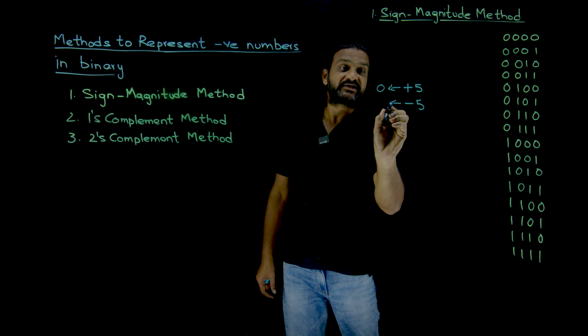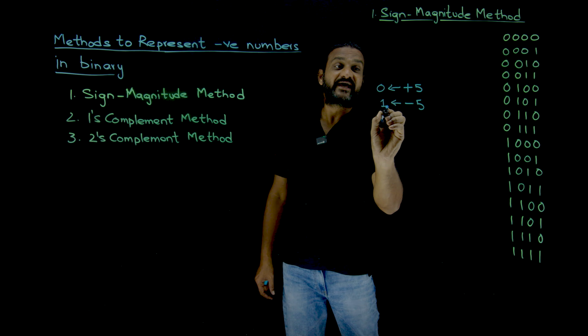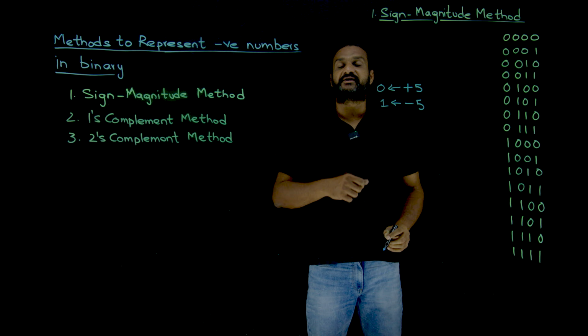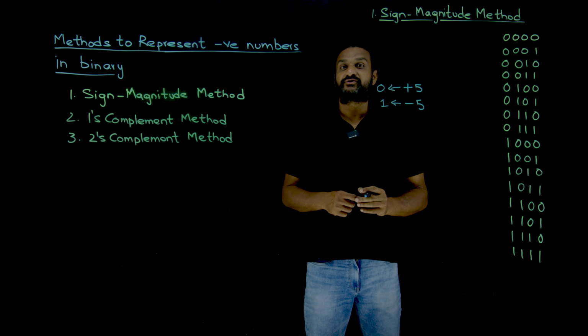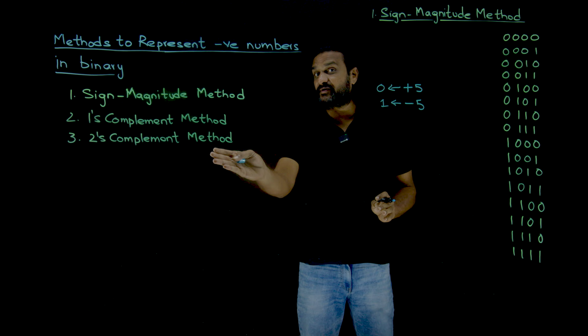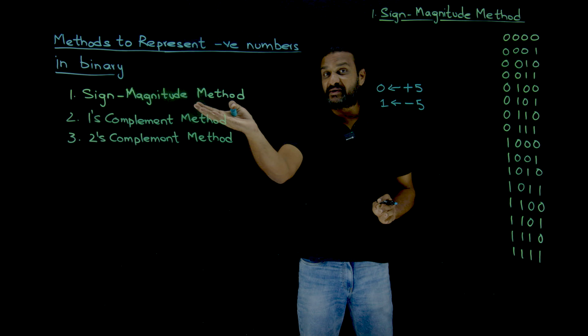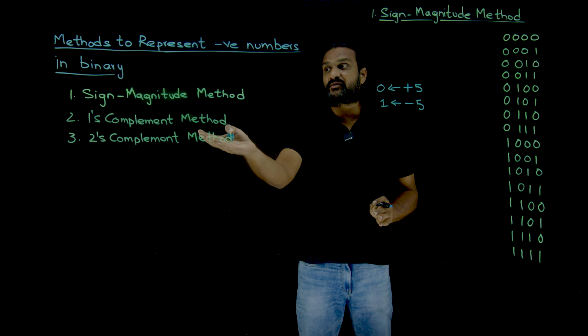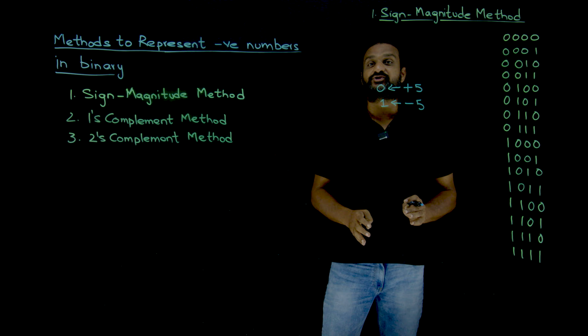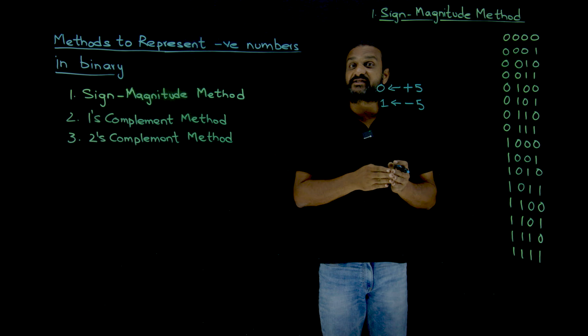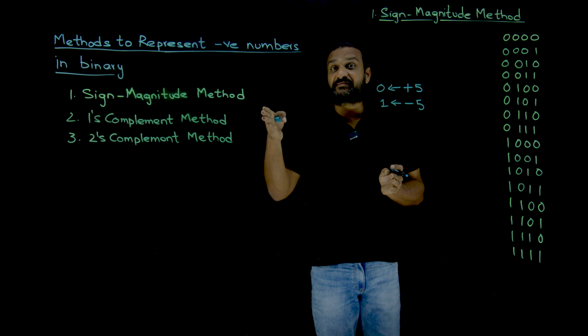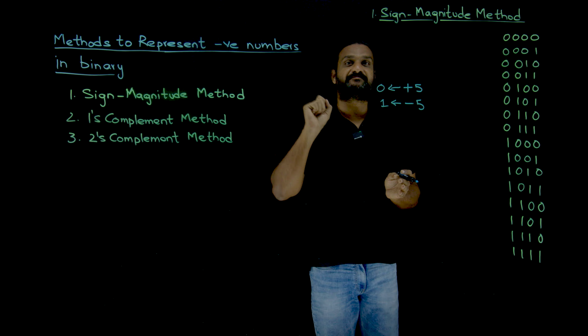If it is 1, then it is a negative number. This is common for any kind of method used for signed representation, whether ones complement, twos complement, or sign magnitude. Always remember that the leftmost significant bit is used for sign.